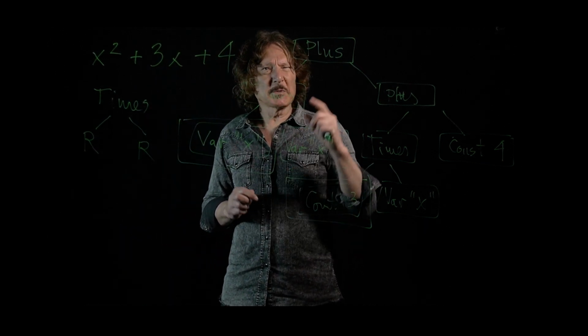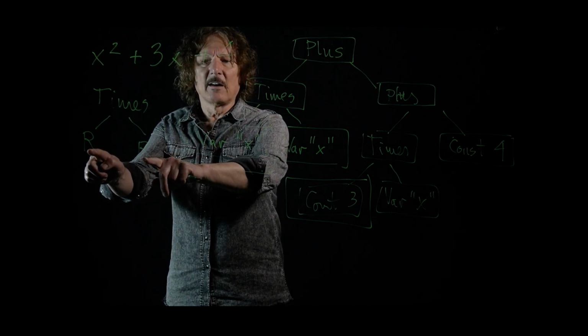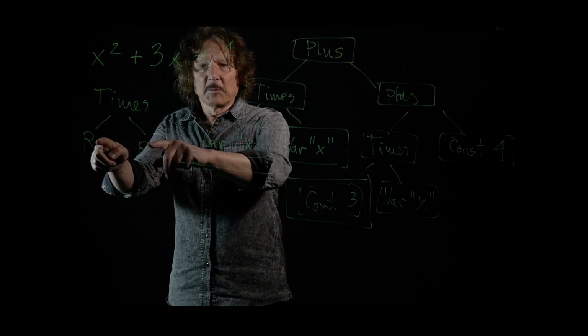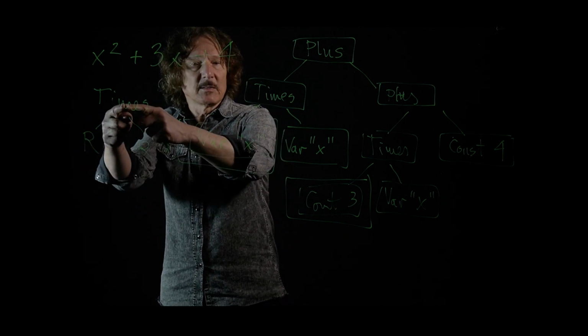Okay? And when we are doing the evaluation, then we could say, well, let's replace R with double, and we'll have two values of type double, and when we evaluate, we'll just multiply them.